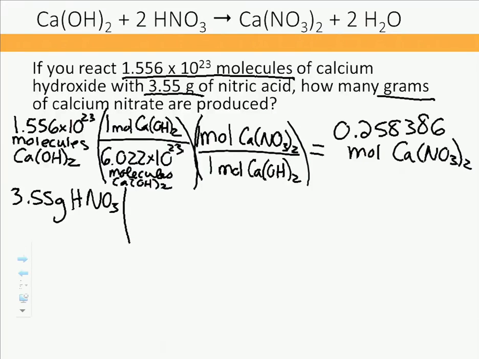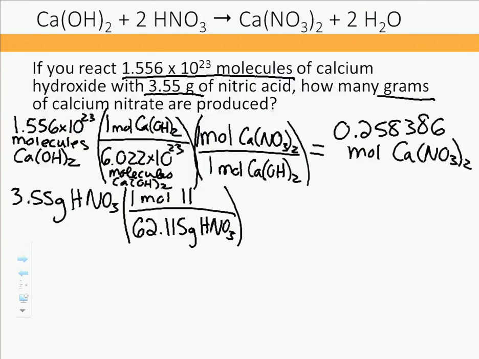In order to go from grams to moles, you got to utilize the molecular weight, 62.115 grams of HNO3 for every 1 mole of HNO3. Then we have 2 moles of HNO3 for every 1 mole of calcium nitrate.